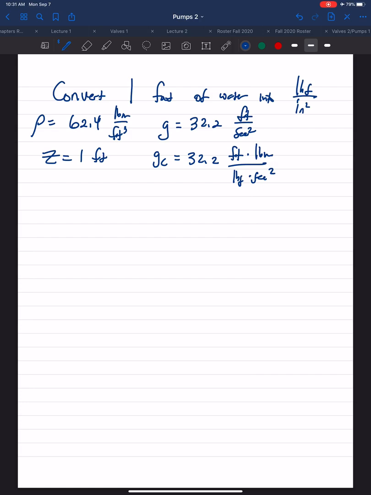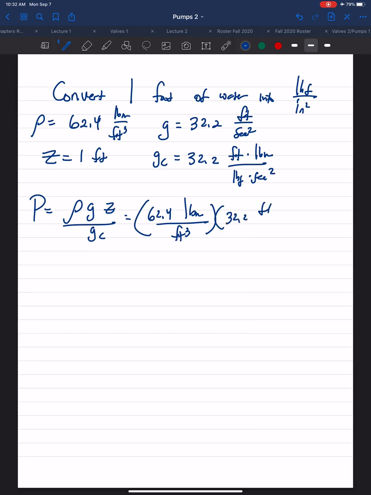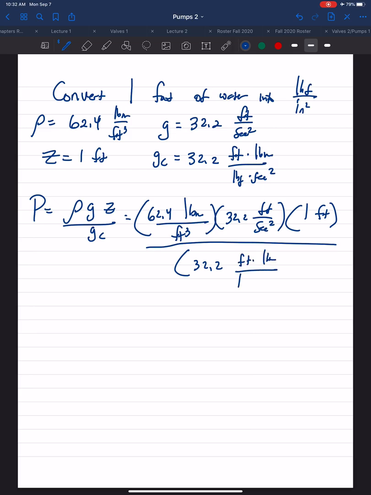So setting this up to solve for our P, which is rho g Z over g sub c, you have 62.4 pound mass per feet cubed times g, 32.2 feet per second squared, times Z, which is 1 foot, over g sub c, which is 32.2 feet times pound mass over pound force second squared.